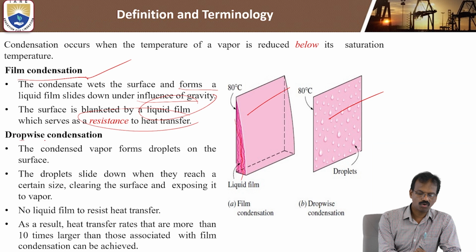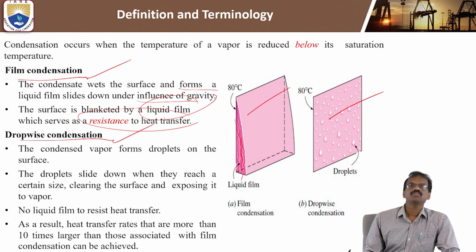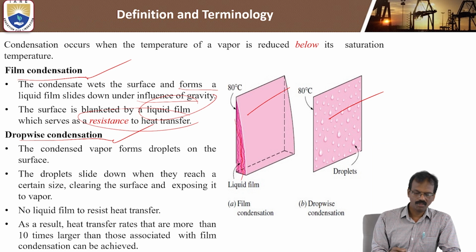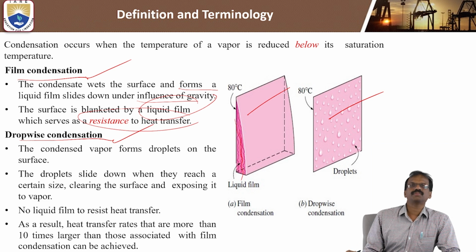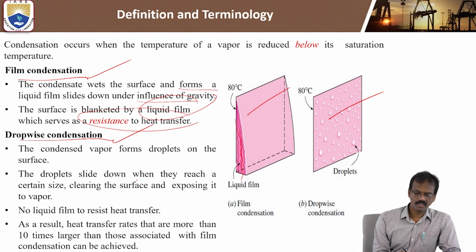Next is the drop phase condensation. In drop phase condensation, the condensed vapor forms droplets on the surface. So here some drops are formed on the surface. The droplets slide down when they reach a certain size.